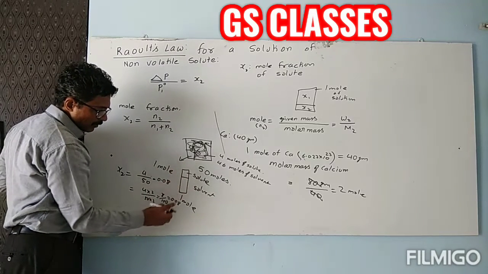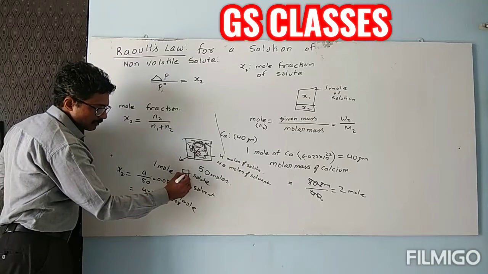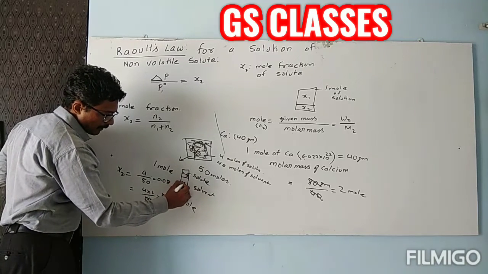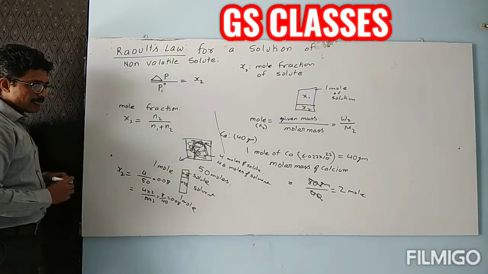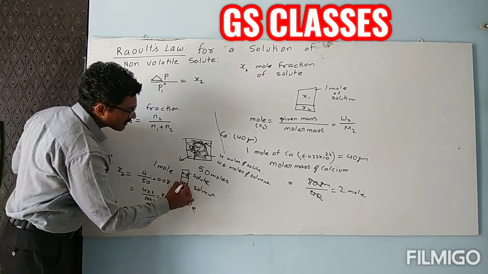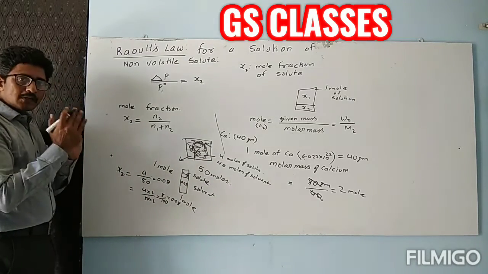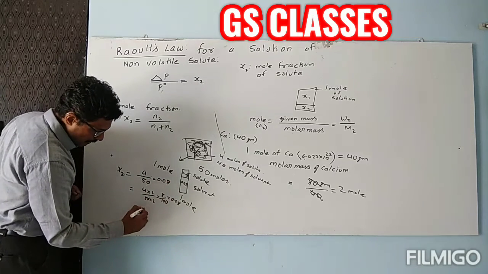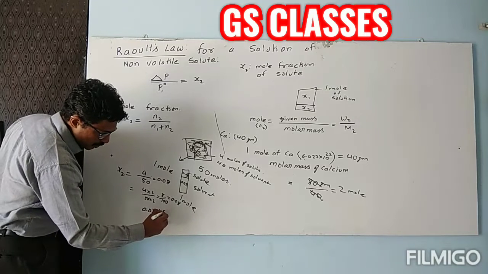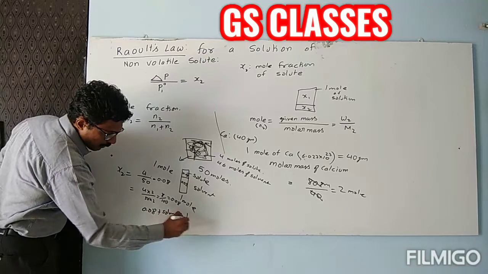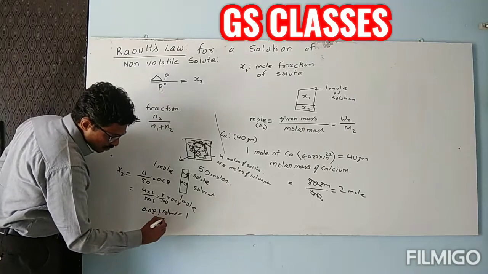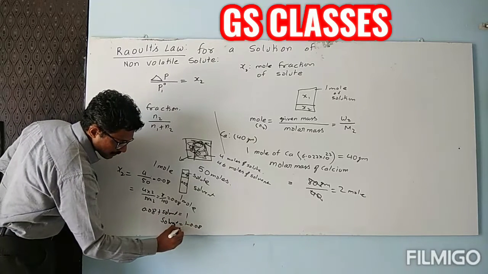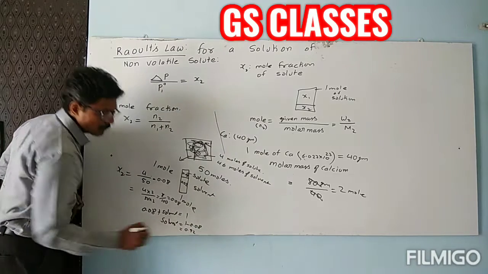Children, 0.08 is what? Solute, and the rest, 0.92 part, will be solvent. How I got 0.92? Because total of 0.08 plus solvent was 1. So solvent now is going to be 1 minus 0.08, 0.92.